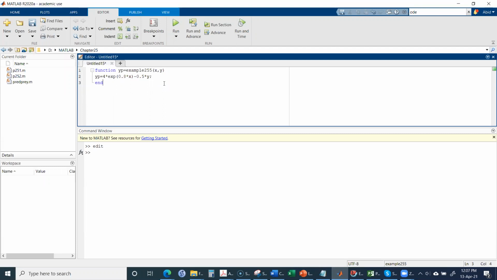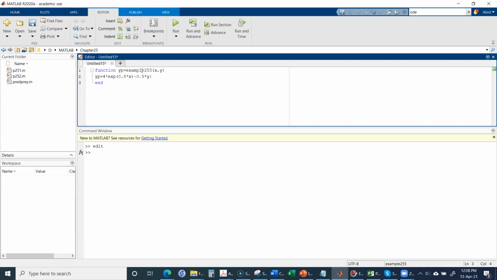In this way, I define the function for the derivative. When we want to define the function for the derivative, you start with the function keyword, and then you give a variable name. Since we are using y prime, we can say it as yp, or dy dx or any other suitable name.